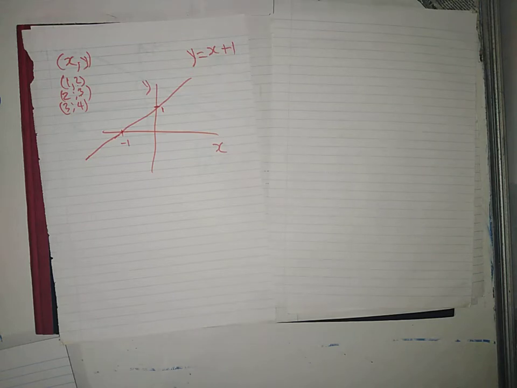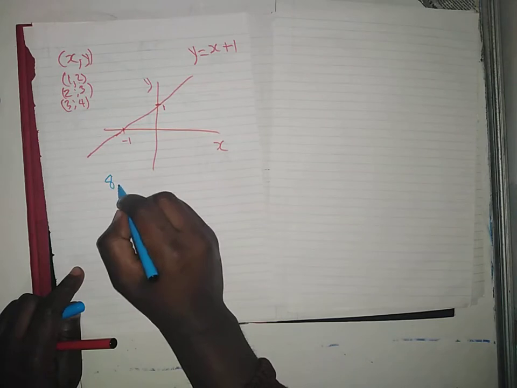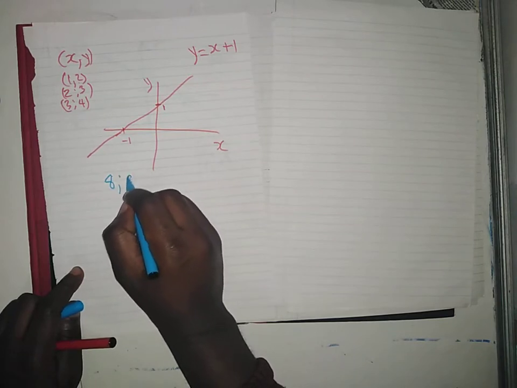Let's say now I give you another point. Let's call this point 8 and 9. Let me write with a different color: 8 versus 9.